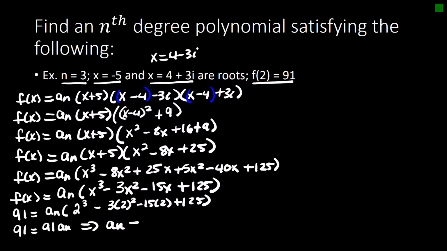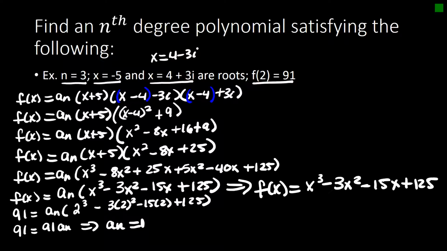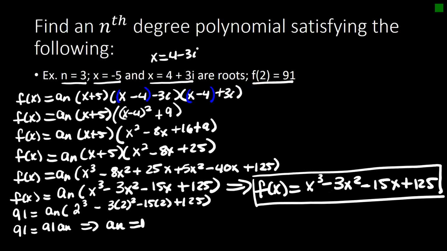So a sub n is going to be 1. So I come back here and my f of x is 1 times this x cubed minus 3x squared minus 15x plus 125. And this is the nth degree polynomial that we are trying to find.